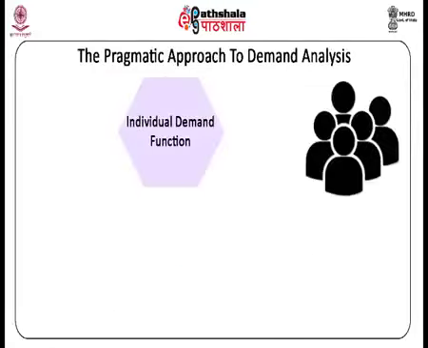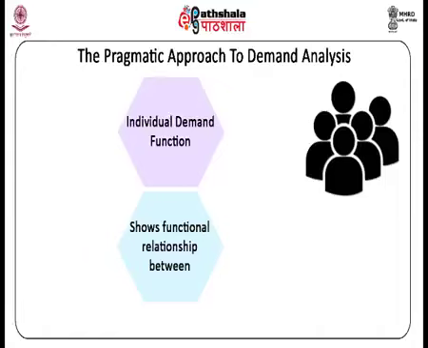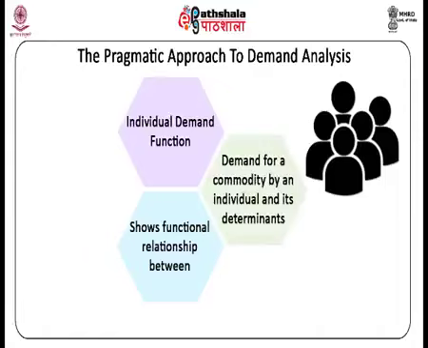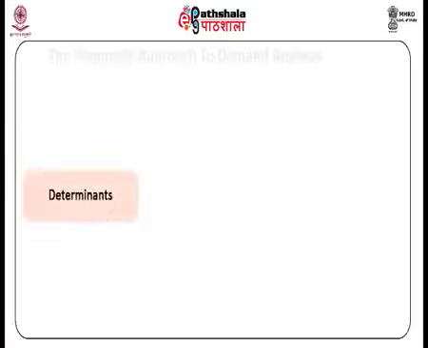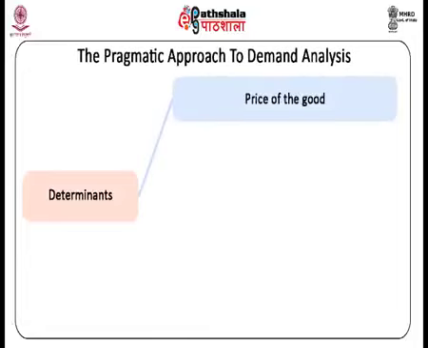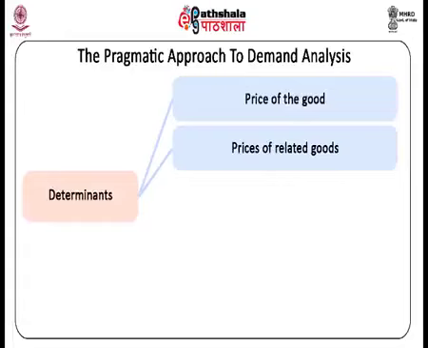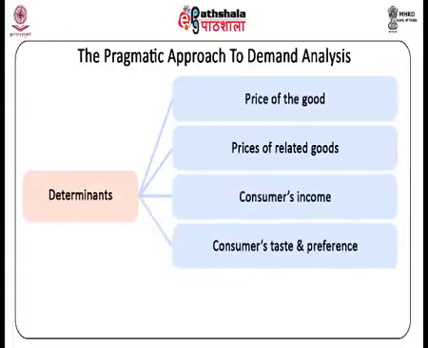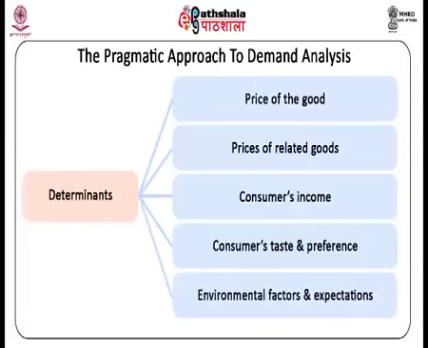Individual demand function shows the functional relationship between the demand for a commodity by an individual and its determinants. These determinants are the price of good, the prices of related goods, the consumer's income, the consumer's taste and preference, the environmental factors, and the expectations.